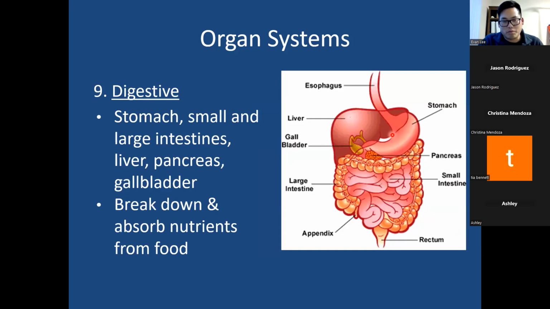So to absorb nutrients, you have to go through the digestive system and then basically bring it into your blood. So if something just passes through this system, like if you swallow a whole hamburger and it comes out the other end, you're not really getting anything from it. So it's really important to break it down and then absorb the nutrients so you can actually get something from your food.